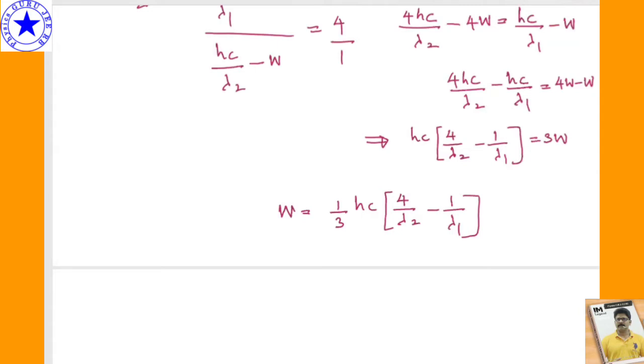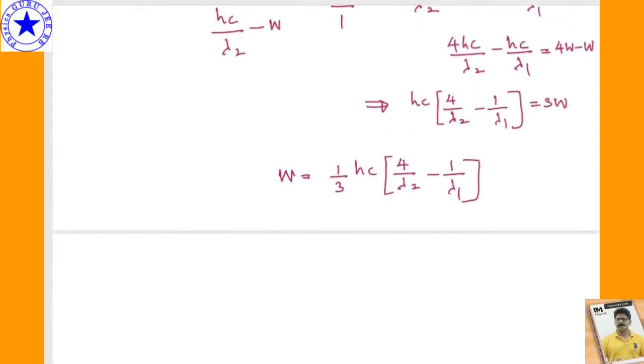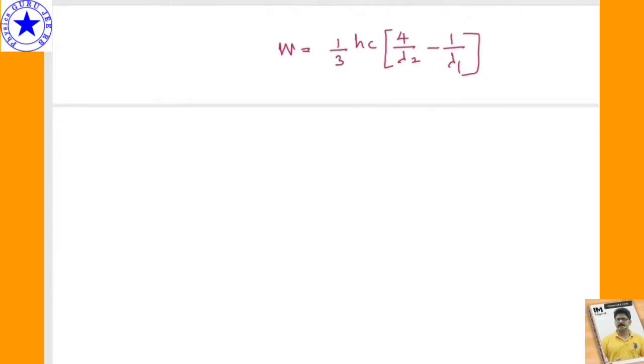Okay, so multiplying 4 by 3 inside, W equals 1 by 3 hc multiplied inside, then 4 divided by 3 into hc by lambda 2, minus 1 by 3 hc by lambda 1.